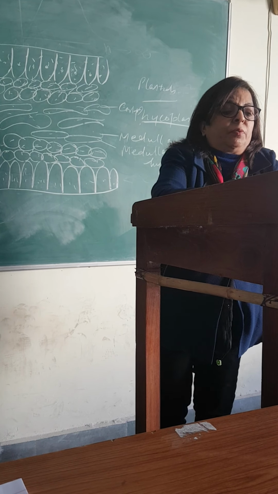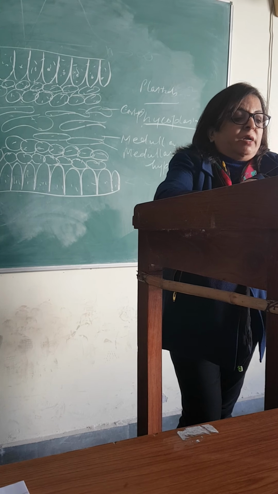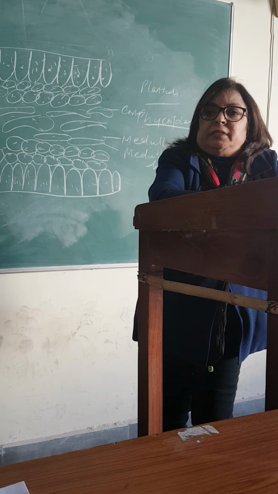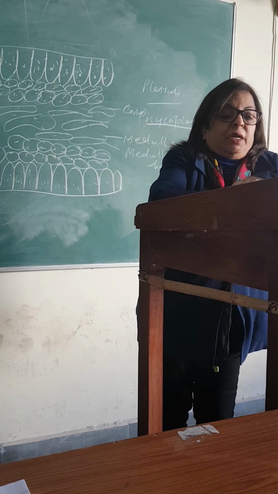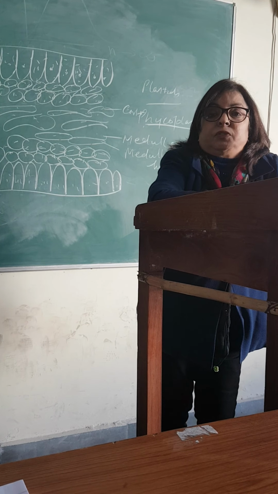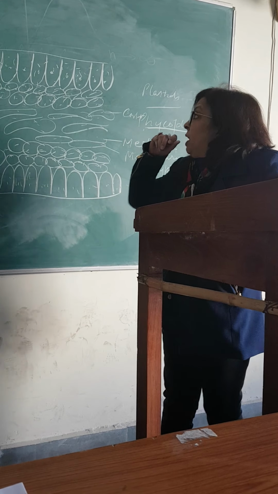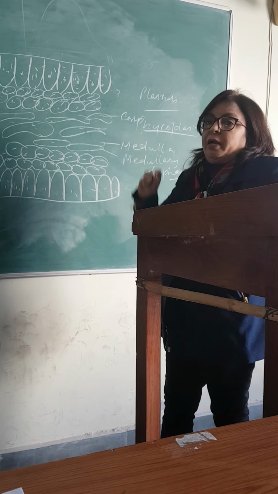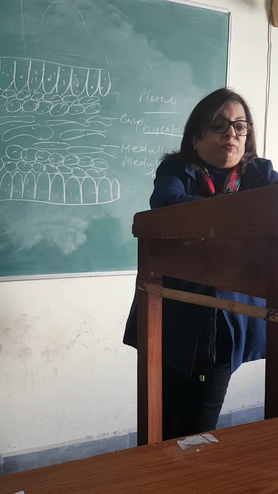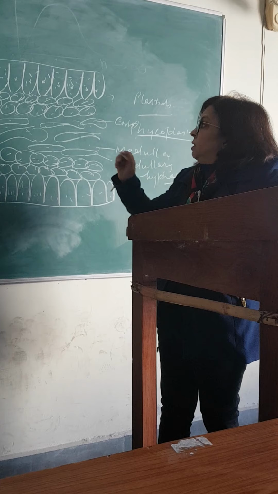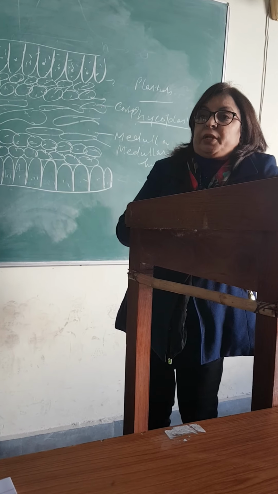So this is the internal structure of the fucus thallus, and this is an example which shows us the differentiation of tissues in the thallus, along with their functions. The palisade layer helps in the manufacturing of food, photosynthesis. The cortex is the storage region, which stores the reserve food material.